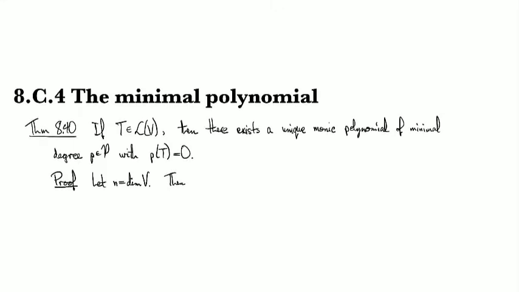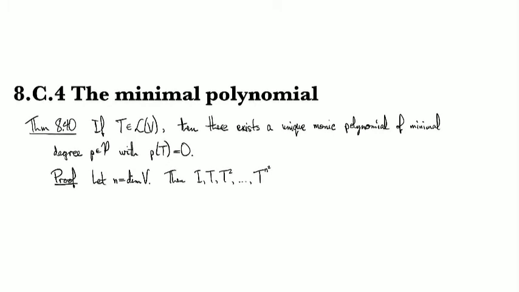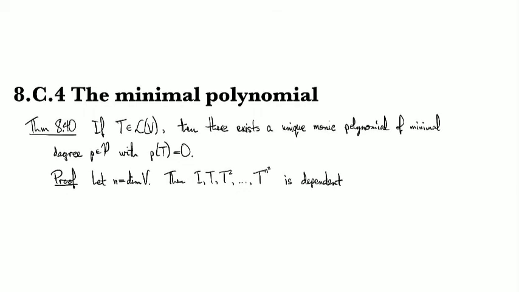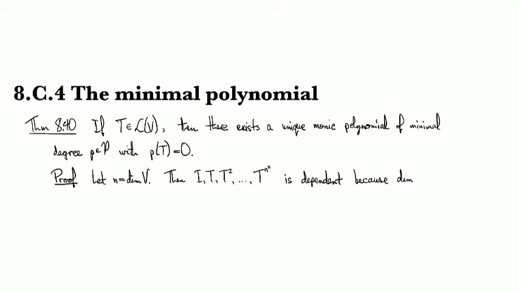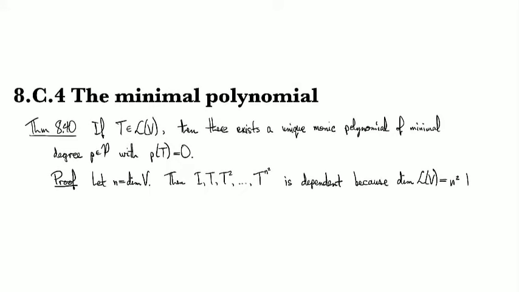And then when we look at I, T, T squared, and we keep on taking powers of this operator, by the time we get up to T to the n squared power, this is going to be dependent because the dimension of L(V) is n squared, and we've got n squared plus 1 items in that list. And so this is actually going all the way back to 3.61.